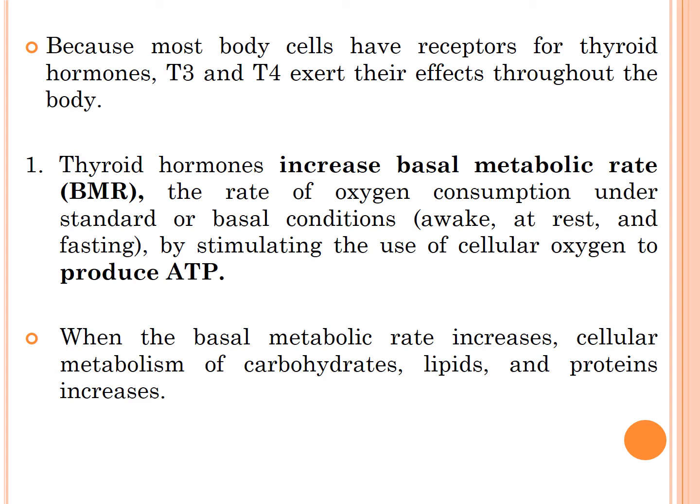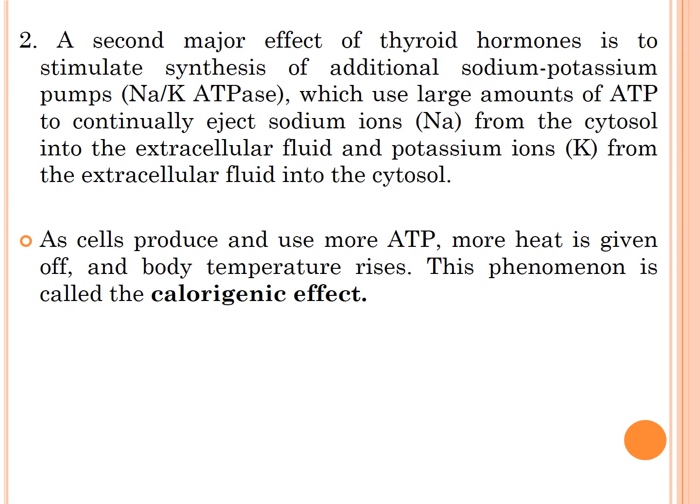First, thyroid hormones increase the basal metabolic rate, BMR, the rate of oxygen consumption under standard basal conditions, like awake, at rest and fasting, by stimulating the use of cellular oxygen to produce ATP. When basal metabolic rate increases, cellular metabolism of carbohydrate, lipid and protein are also increased.